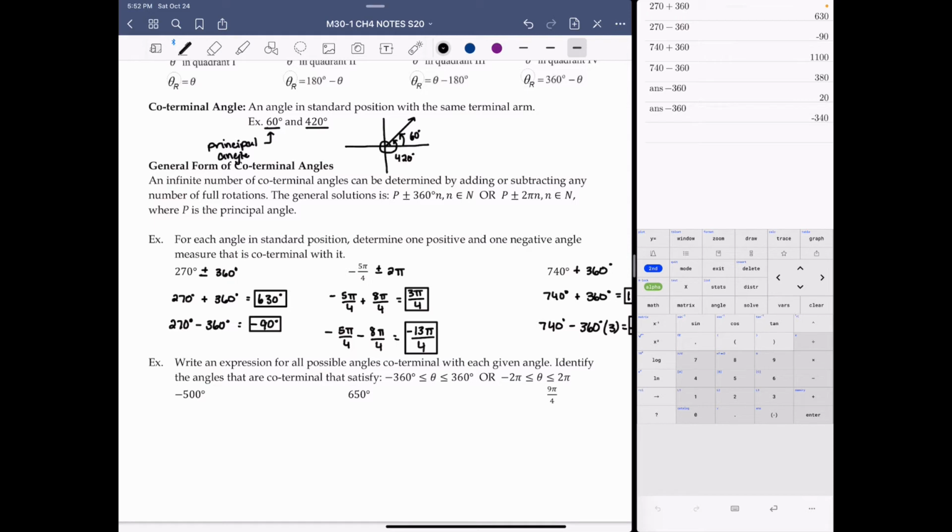Looking back at the general form that was up here, we write it as P, the principal angle, plus or minus 360 degrees times n, or P plus or minus 2 pi times n. So depending if it's radians or degrees.